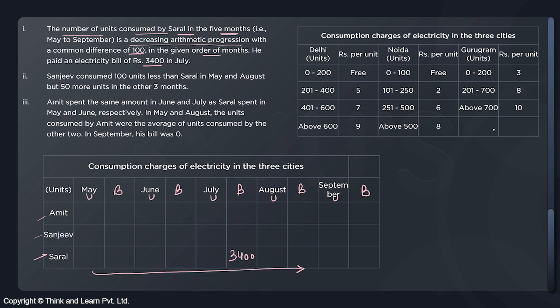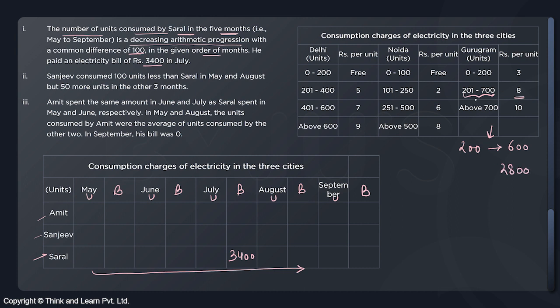Now, if I talk about Saral, he lives in Gurugram. For the first 200 units, the charges are 3 per unit, which is equal to 600 rupees. For the next 500 units, here you see the charges are 8 per unit. But after 600, he had a total bill of 3400. So after 600, he has to pay 2800 more.